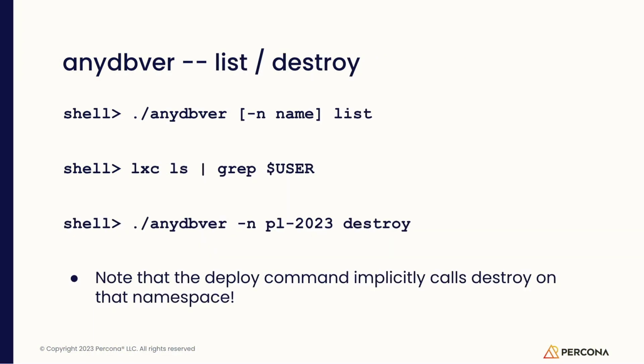Okay, now to list, there is no way for us to globally list all of the containers we have, right? So either you use the -n or you don't, but if you don't, it will be using the default namespace, right? The way that we have to work around this is by using the lxcls command and grep to our user, because AnyDB-ver will by default name the containers after our Unix user.